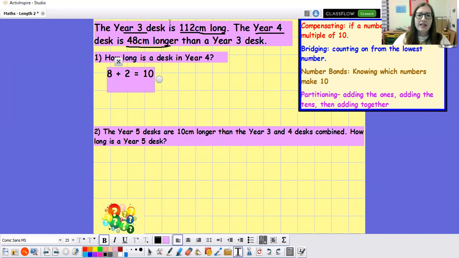And then if I look at my 10s, I can see that 40 add 10 is 50. And then if I go into my hundreds, well, this one doesn't have any.